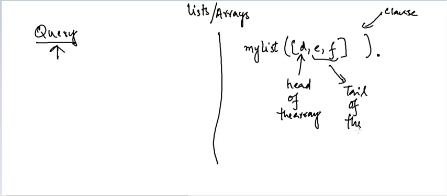And remember that the tail of the array is always thought of as an array. Okay, so let me just show you a few examples, and that way you'll be able to understand better.